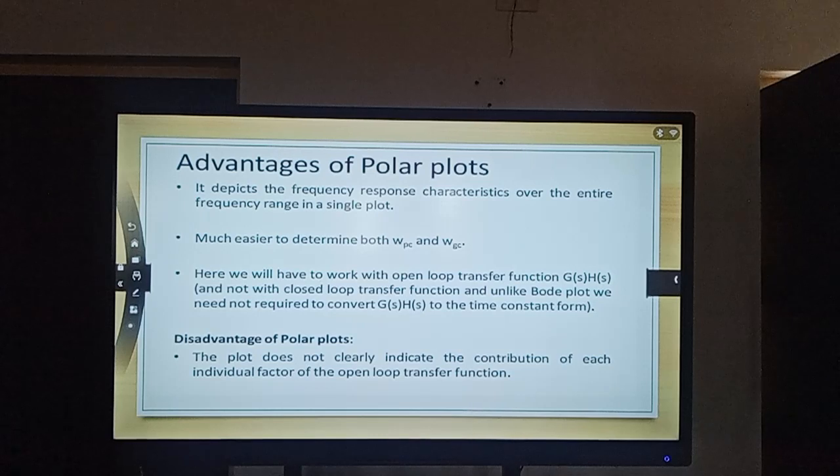These things will be noted down, and later we will obtain the stability of the system. So magnitude we will be drawing at 0, and there will be a point that is said to be the gain crossover frequency.